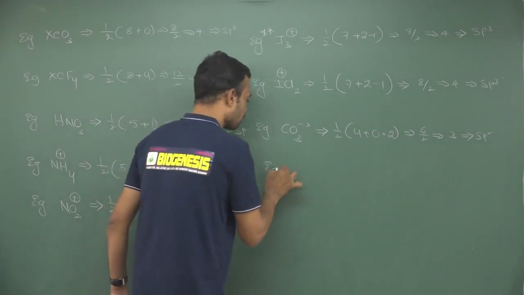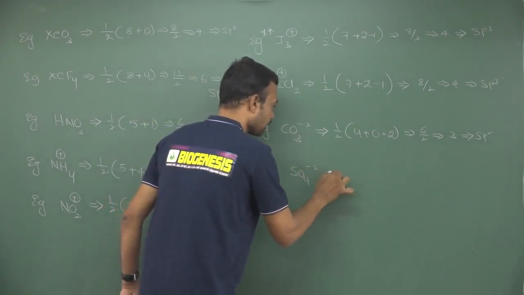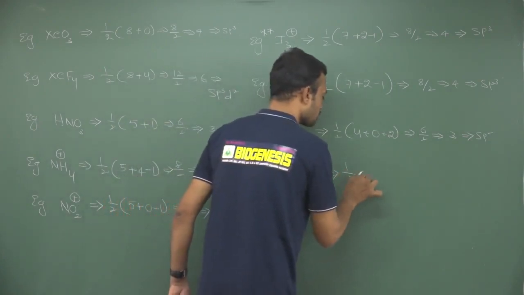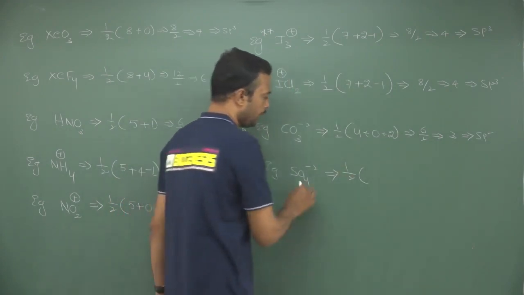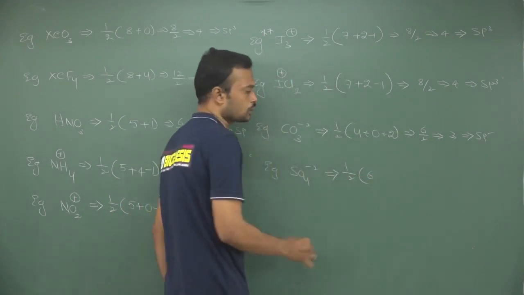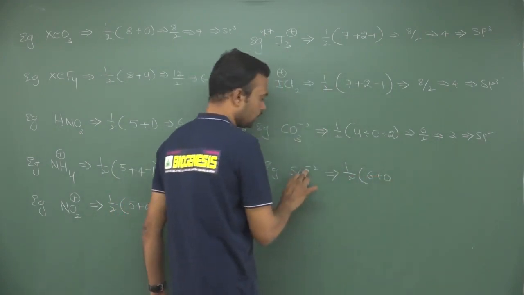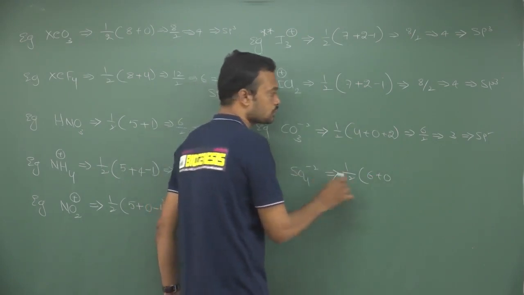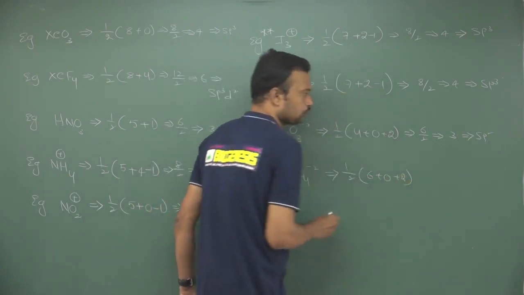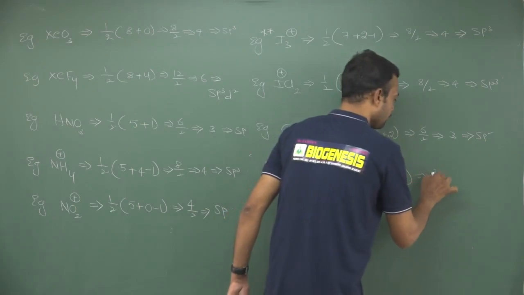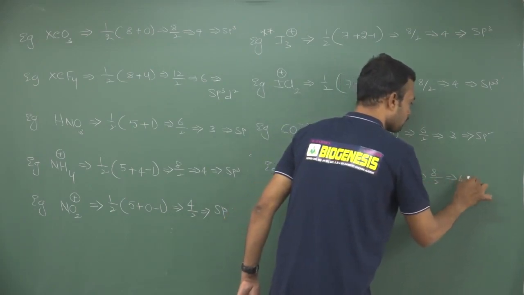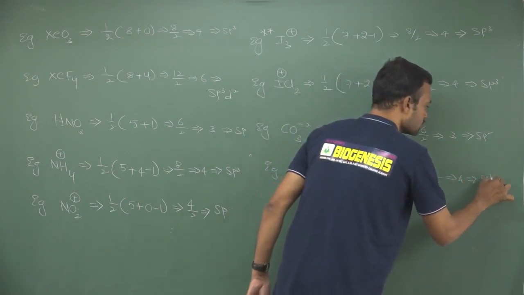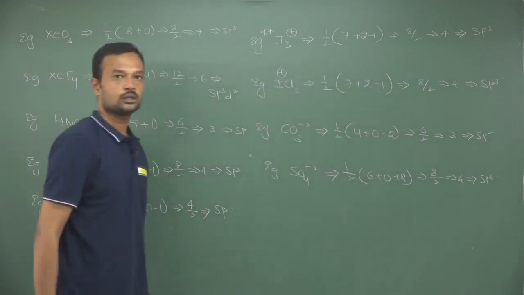Okay. So sulfato, SO4 minus 2, here also almost all the same, 1 by 2, and sulfur belongs to the 6th group element, there is no monovalent atom here. Okay. So excess 2 electrons are present, that should be taken as plus 2. So finally here it becomes 8 by 2, finally you will get 4, and hybridization is sp3. Okay.